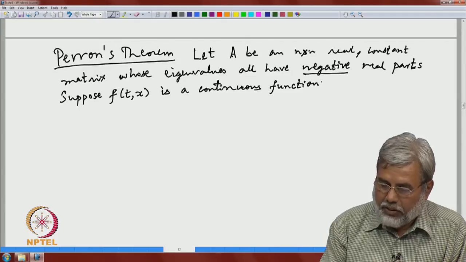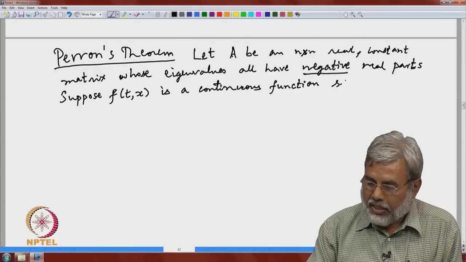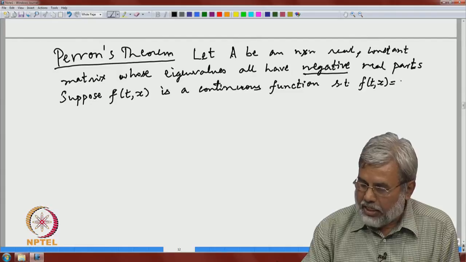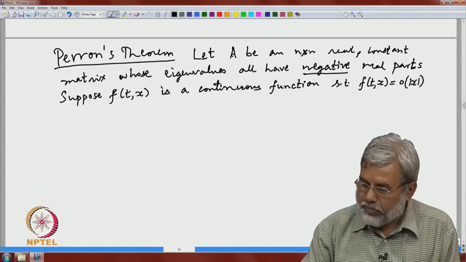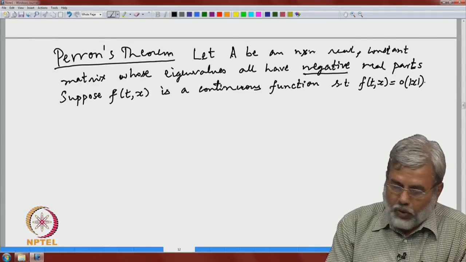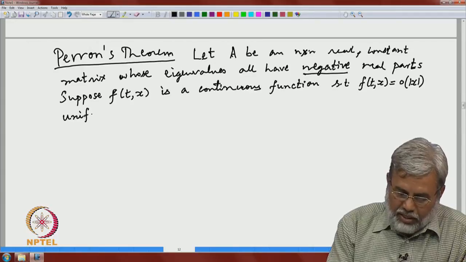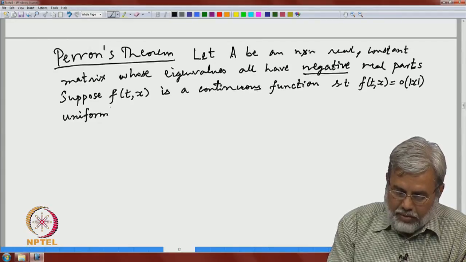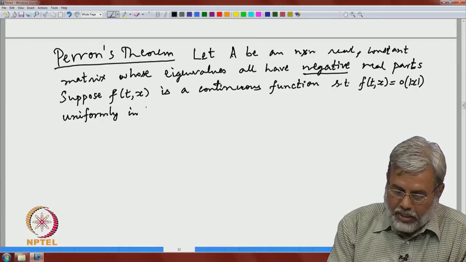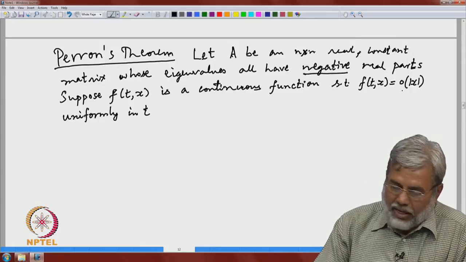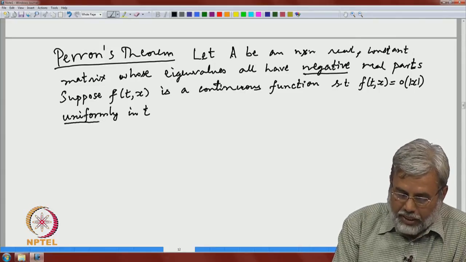So, just take a continuous function such that, I will explain this a little later, f is small o of mod x uniformly in t. So, if f does not depend on t, then this is fine, but this is a kind of limit relation, and I will write it uniformly in t.